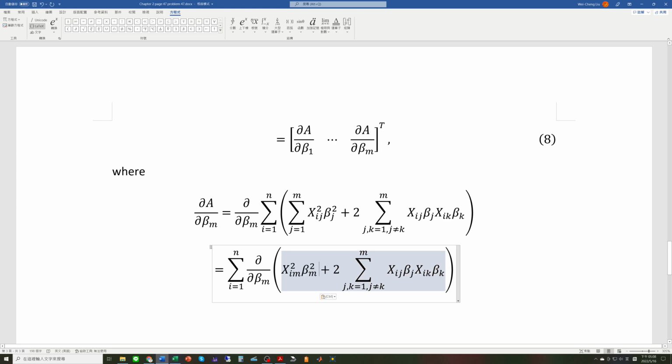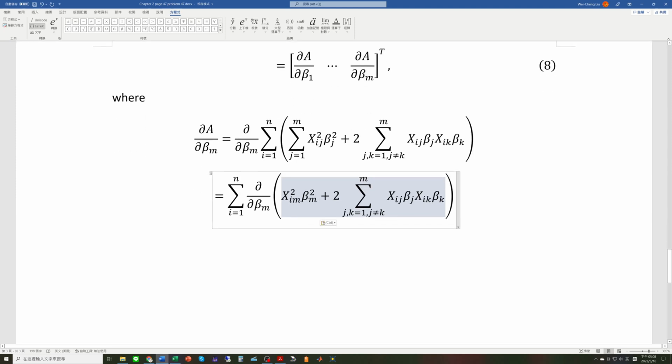And plus 2 times. For this term, let us rearrange the order of these terms: xij and xim, beta j and beta k.